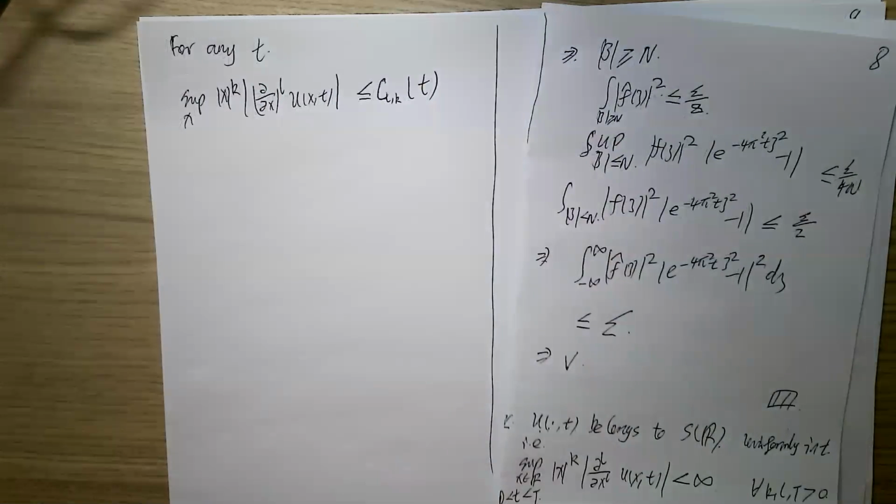For t equals 100, of course, you may get a different bound, and t equals 200 will also get a different bound, right?